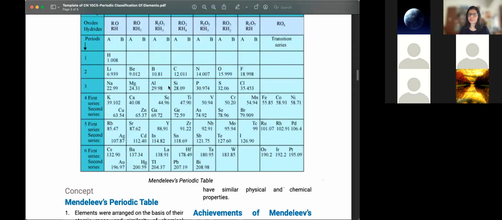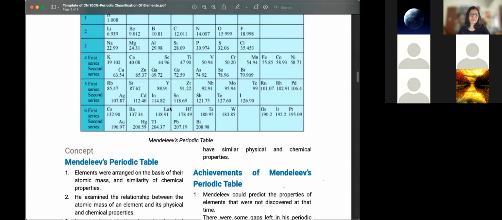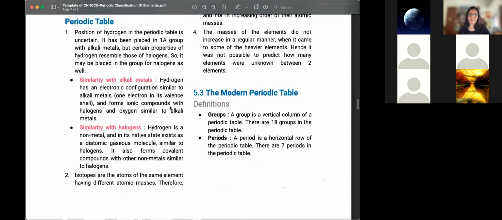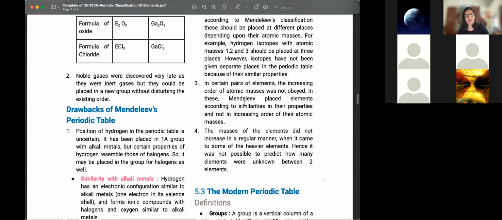Again, that could be an issue with isotopes and all. So there are certain places where Mendeleev himself did not follow that increasing order of atomic mass rule. Again, that is because he prioritized similarity in the properties more than these other things.